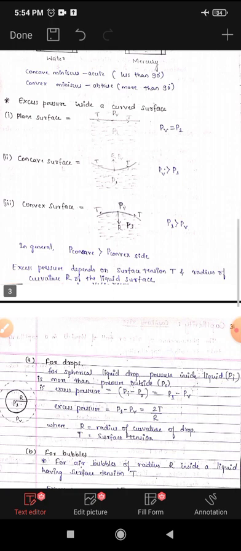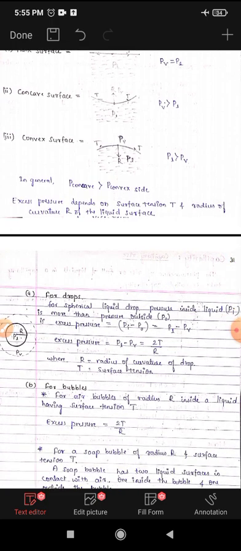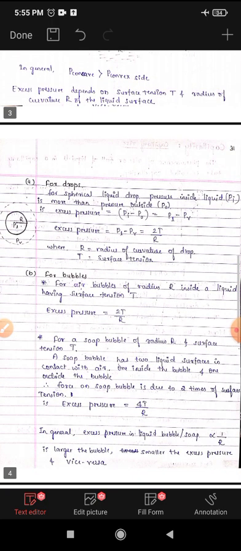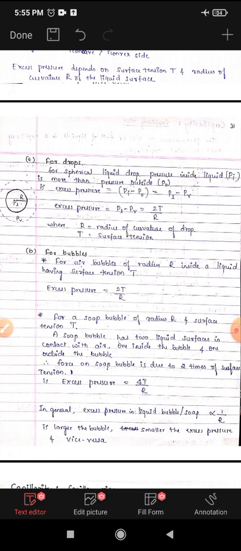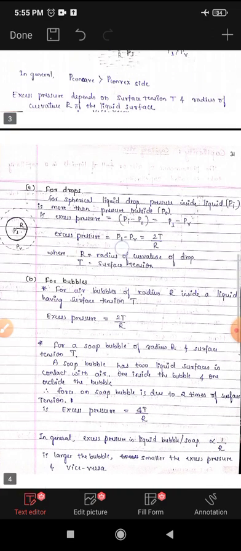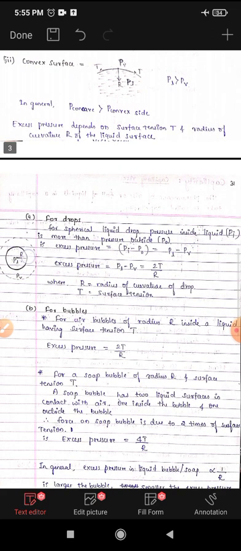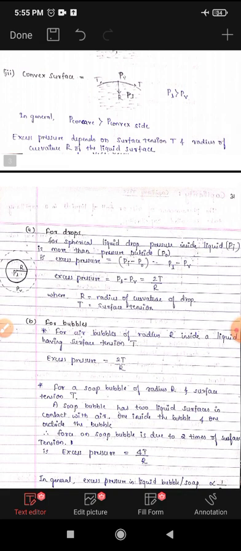And next we have the excess pressure for the drops. Drops means the spherical liquid drops. We have spherical liquid drops, and we know that they have a liquid or water inside. So whatever the pressure inside the liquid will be, that will be more than that of the outside, because it is concave from all the sides.